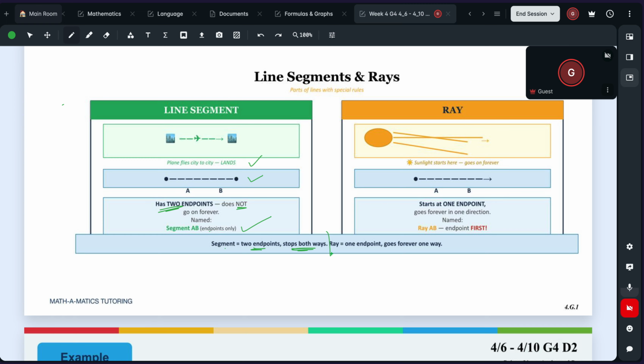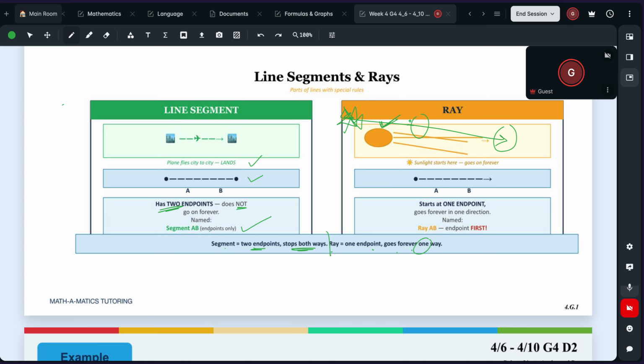Whereas a ray has one endpoint and goes forever, but in one direction. The perfect example would be the rays of the sun that we receive. It goes on forever, there is no stop, right? But in one direction. It does have a stop in one direction because it starts from the sun. We cannot say that it goes beyond the sun as well, so we cannot have an arrow there.